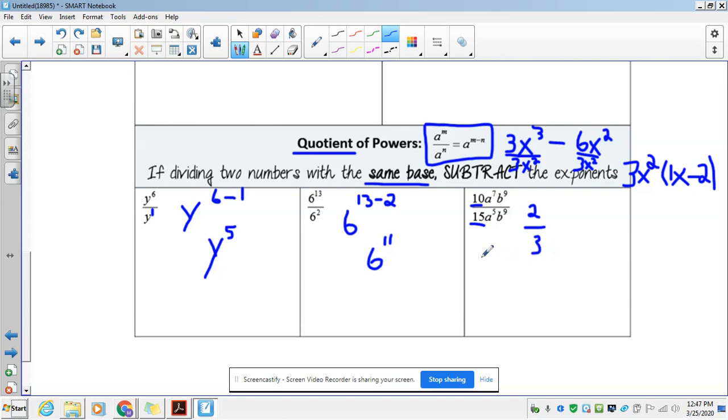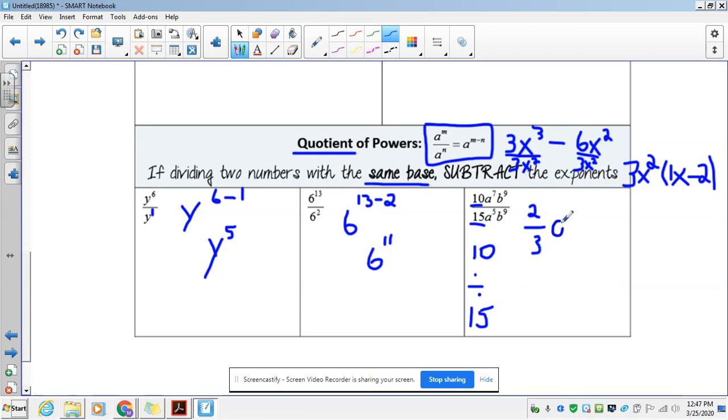If you are not strong with your numbers and seeing your GCFs, don't worry. I taught you how to use your calculators. All you would have to do is put 10 divided by 15 into your calculator and hit that FD button. And then that will give you 2/3 as well.